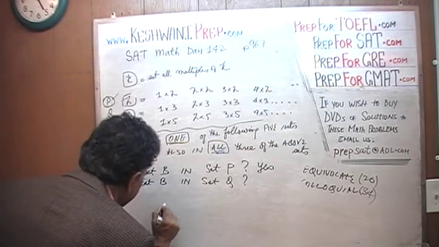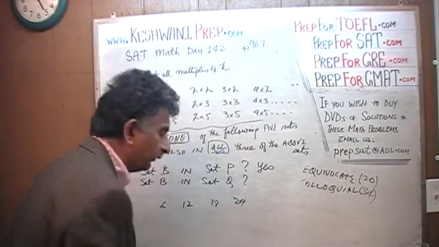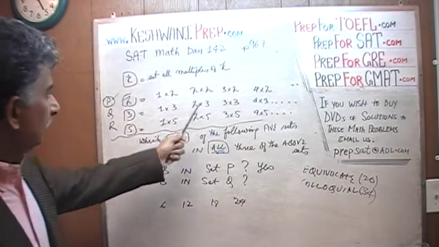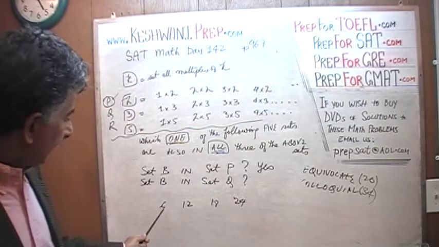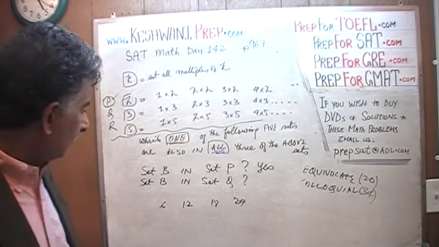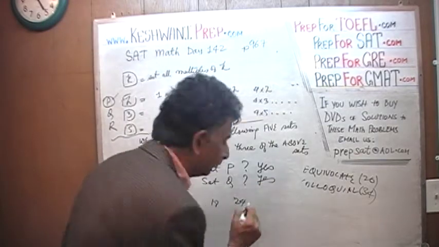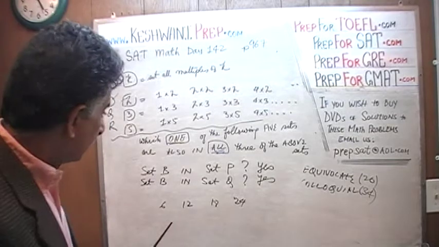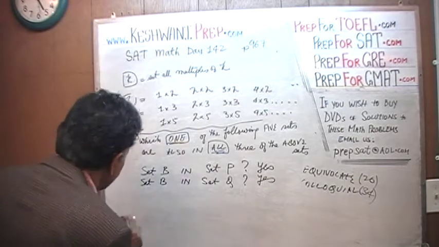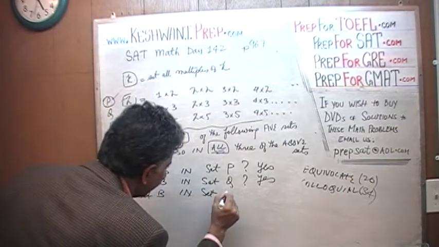Since set B is 6, 12, 18, 24 and so forth, and since set Q is all multiples of 3, anything that's a multiple of 6 is also a multiple of 3. And therefore, set B is in set Q. The answer is yes. So it has passed the 2 rounds. Let's go to the 3rd round. Is set B in set R?